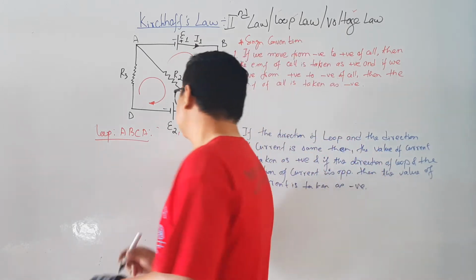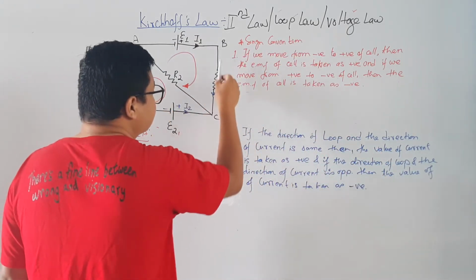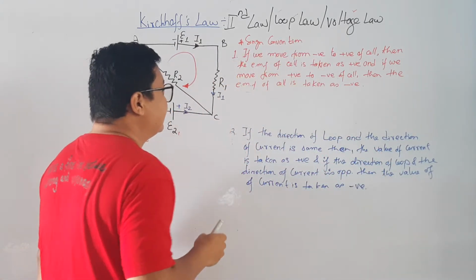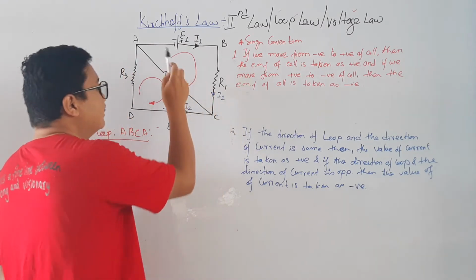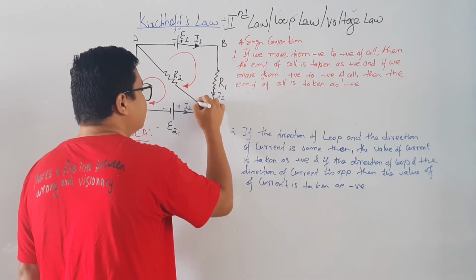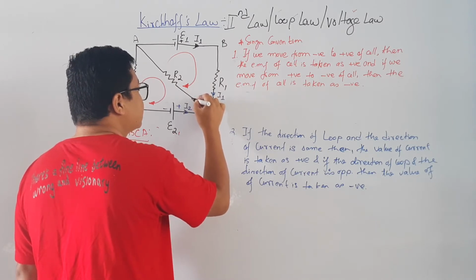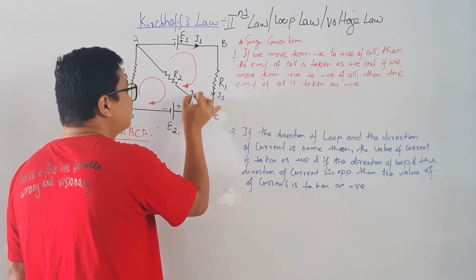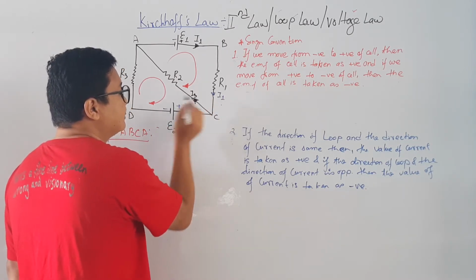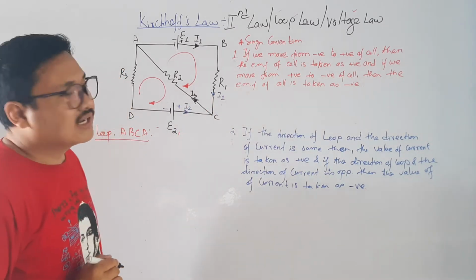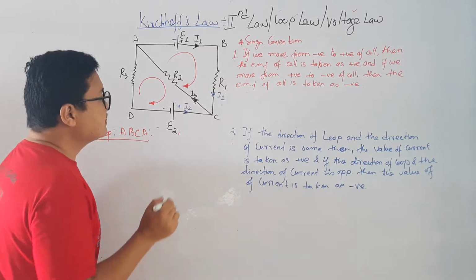At this point, this is going and this is also coming. What does this mean? It means this current will go in this direction, and this current is I3. For example, I1 coming, I2 coming, and this is I3. Now how much will I3 be?